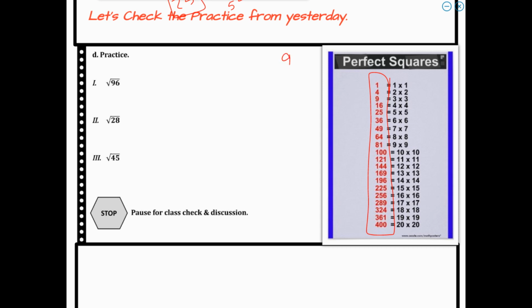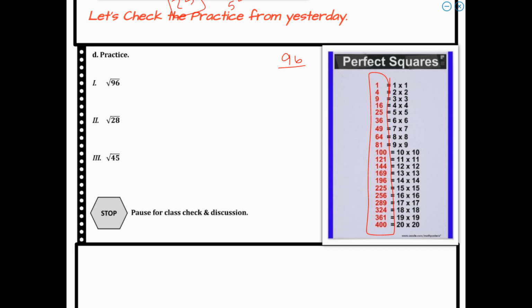So 96. It's not a perfect square. It's not in my list here. These are the problems from yesterday. So if you did them, you need to be checking them, because we didn't get to check them in class together yesterday. So we're working on them right now so you can remember.